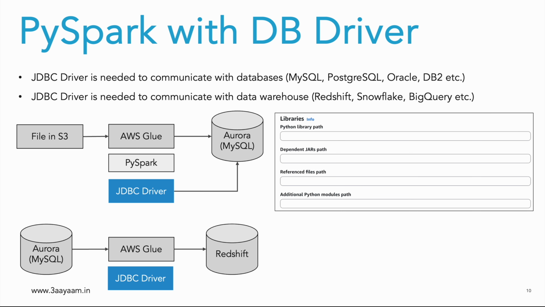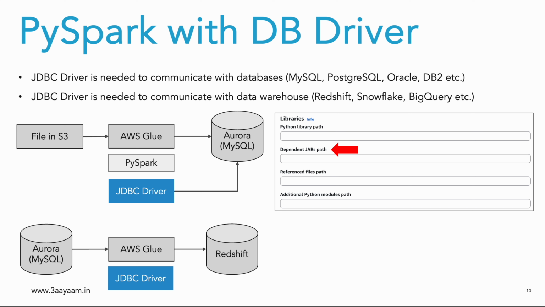While providing the job properties, while creating the job, I had shown you this option called libraries. Here there are 4 options: Python library path, dependent jars path, referenced files path, and additional Python modules path. For the JDBC drivers that you use, we'll have to provide the driver information in the dependent jars path option because we are using a driver.